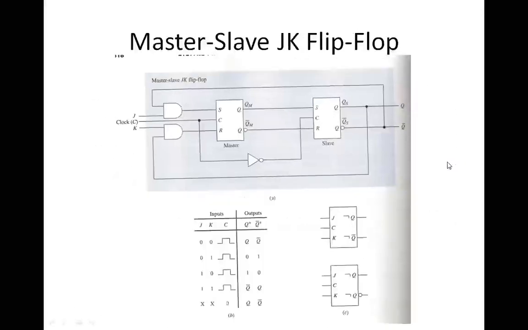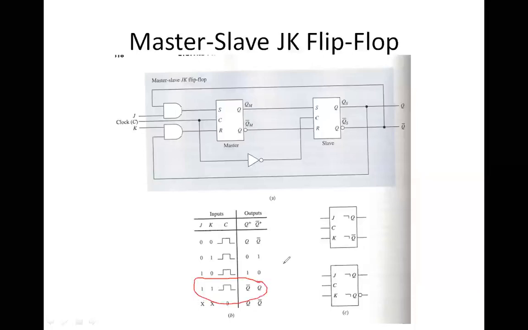Here we summarize it in the form of our truth table. For 0 0, I'm going to get whatever was in the memory, which is Q and Q bar. 0 1 will reset, 1 0 will set. This was our case of interest, 1 1.